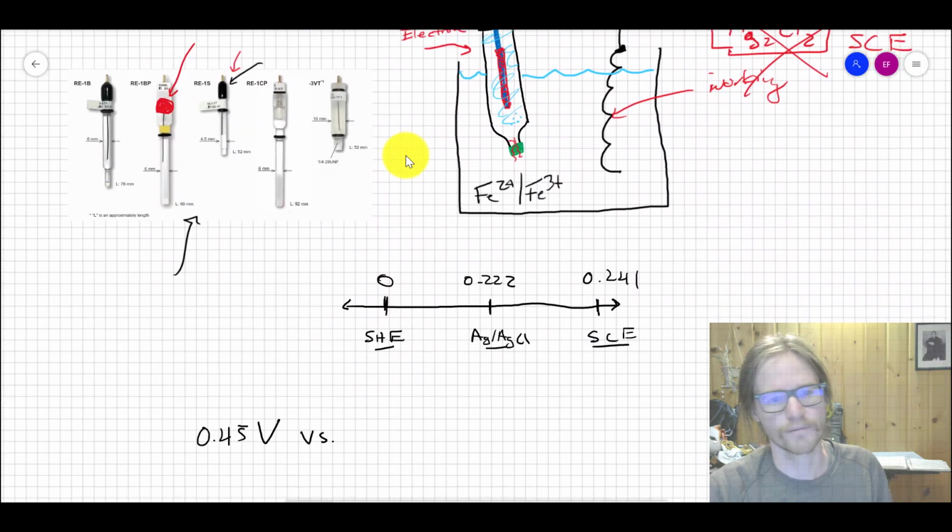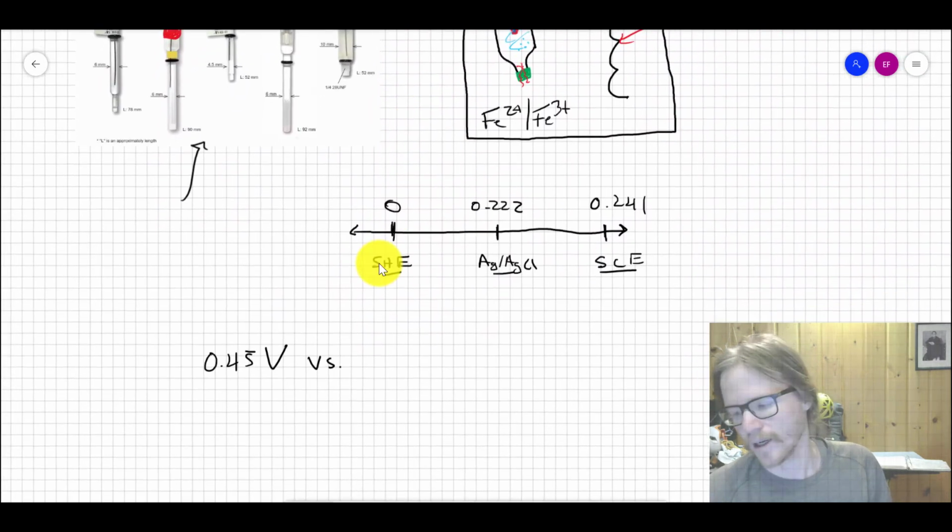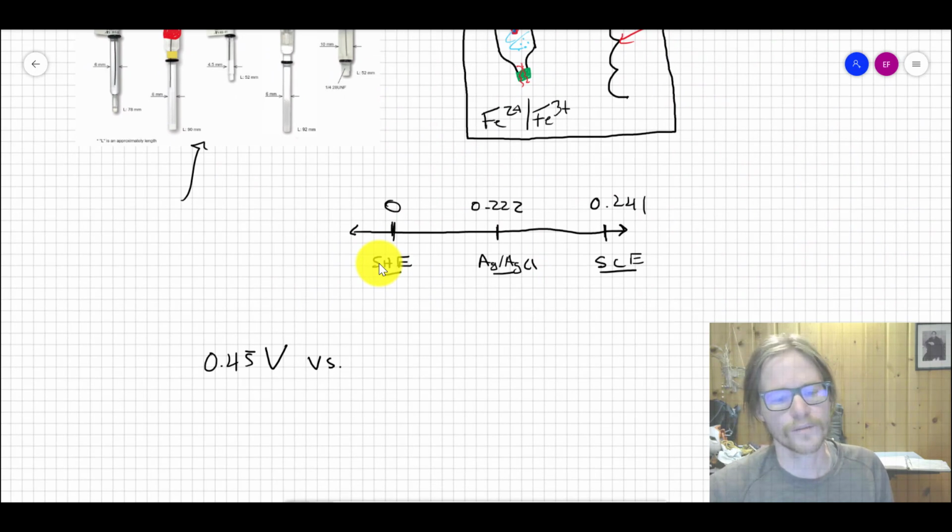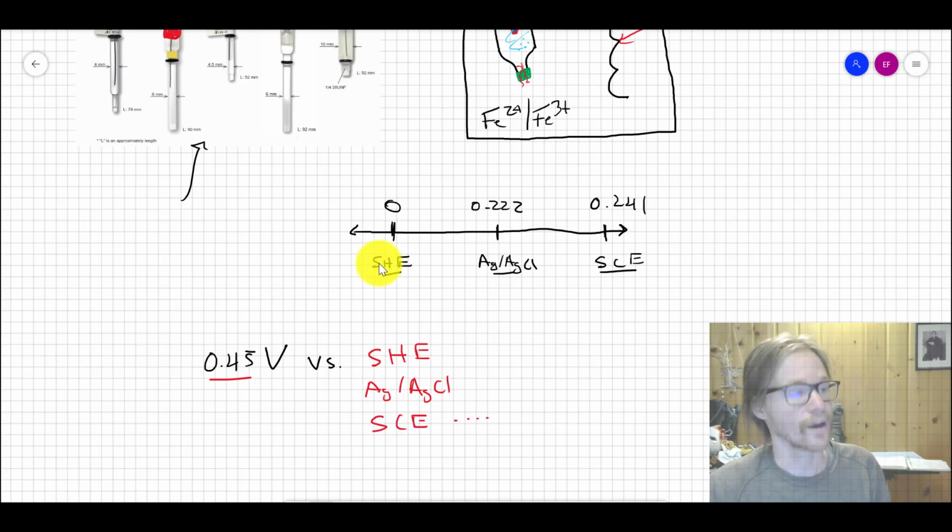You just made it in a beaker. Either way, the way that cell voltages will always be reported then is going to be some voltage versus SHE, versus silver chloride, versus SCE, etc. That always has to be true.